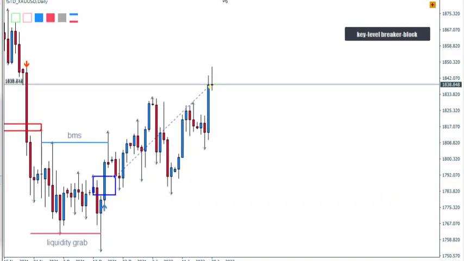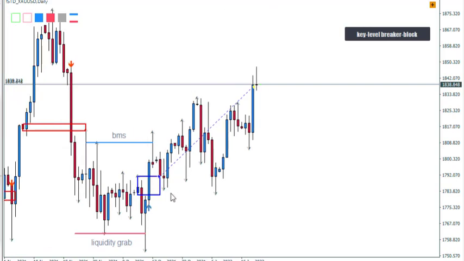Our target was nicely hit. Price bounced once, twice, and the third time it almost hit our stop loss, but went in our favor eventually. This just goes to show how strong these zones are.